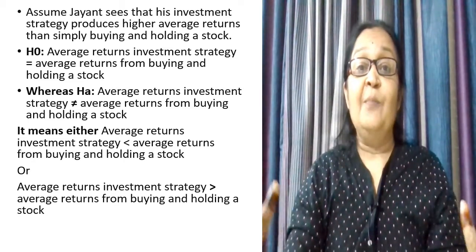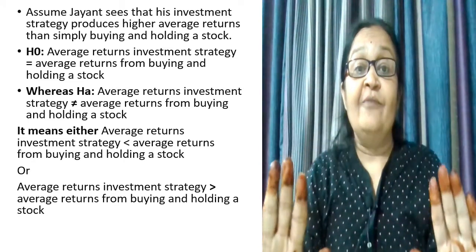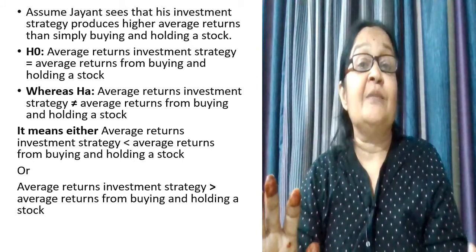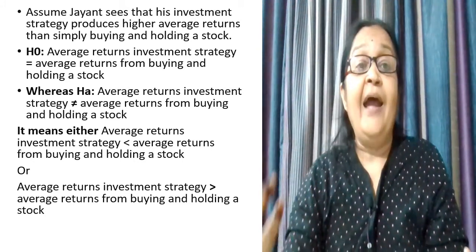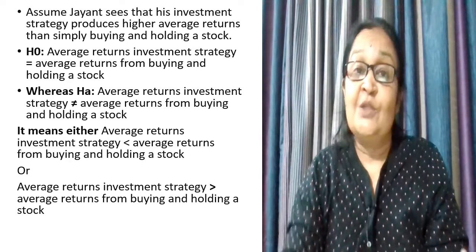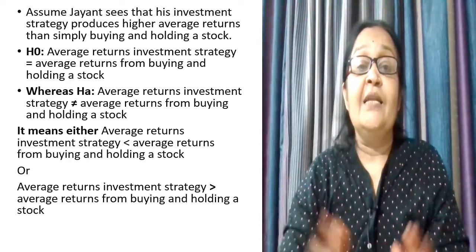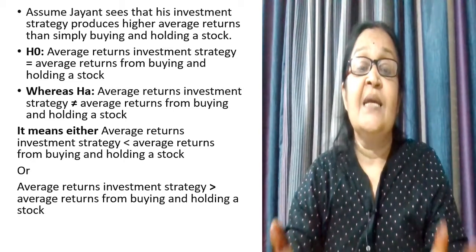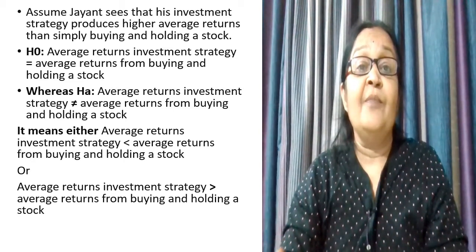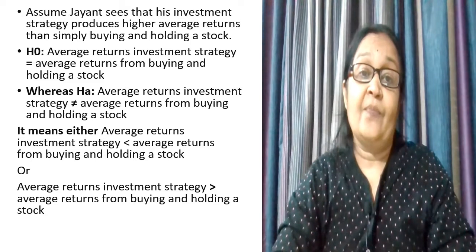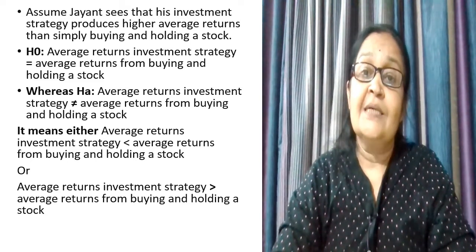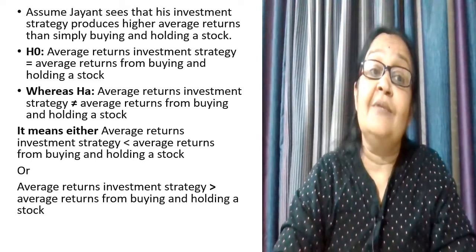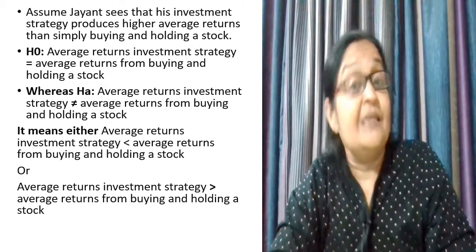Here, the null hypothesis says that in both the ways, that is the proposed investment strategy by Jayanta and the buying and holding of a stock, both ways are going to give you the same returns. There is no difference in the average returns in these two methods. Whereas Jayanta is inclined to believe this until he disproves otherwise.